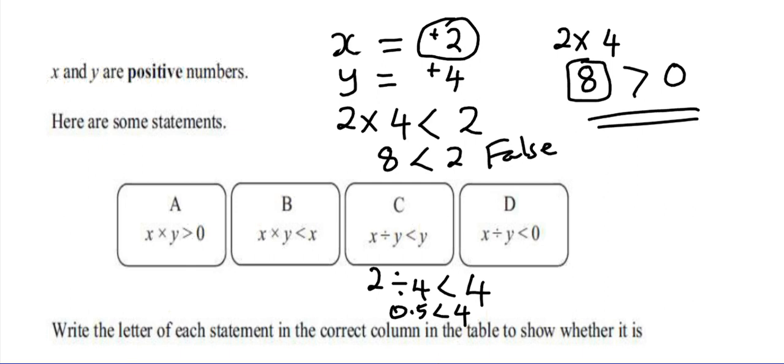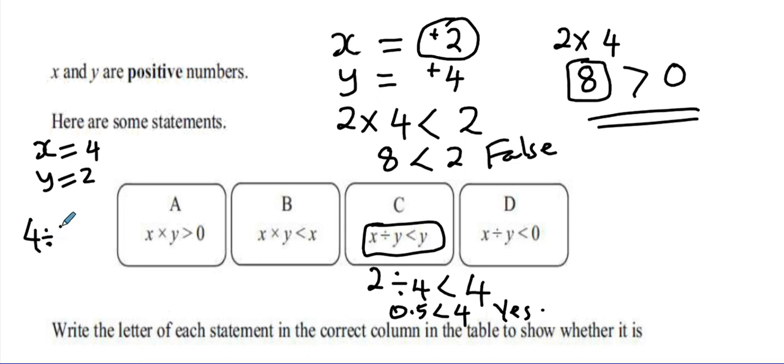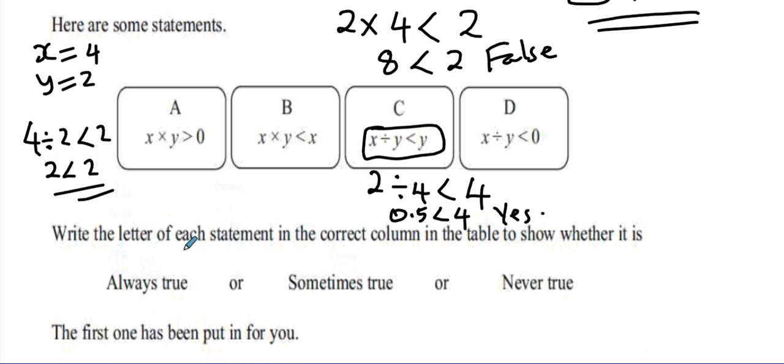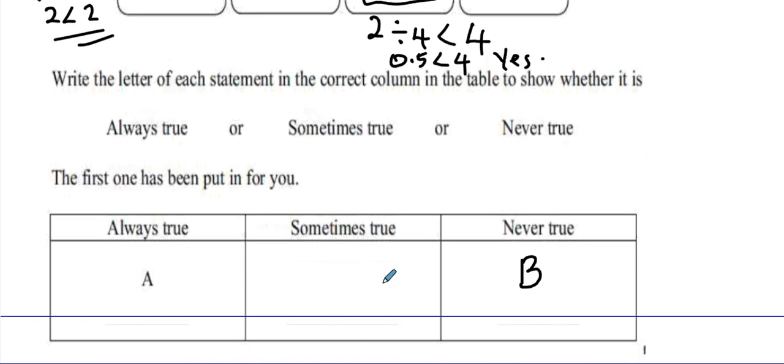Yes. What if you exchange here? Let us say x is 4 and y is 2, and do the same thing. X divided by y, in this case, will be 4 divided by 2. Is this going to be less than y? Y is 2. So we can say this is sometimes true. C is sometimes true.